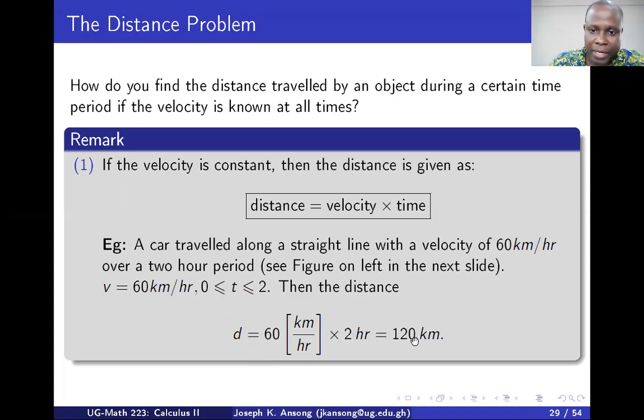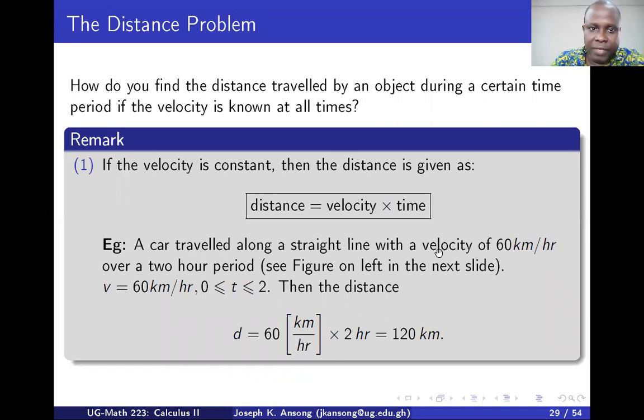If you multiply, you have 120 kilometers. Now, the good thing about putting the units is that you can easily see that when you multiply the two quantities, hour cancels hour, and the unit that is left is kilometers, which is a unit for measuring distance. That is the neat thing about using this.